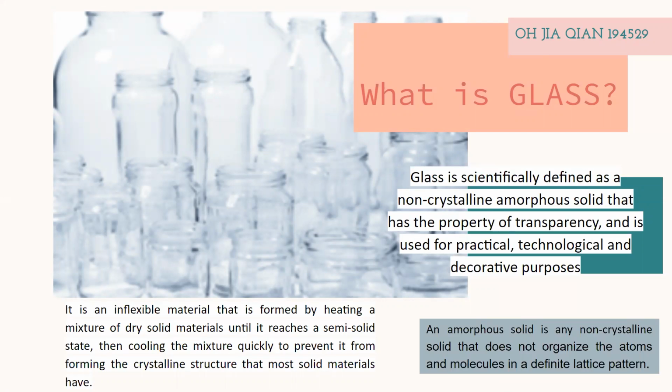And how is it made? The making process involves heating a mixture of dry solid materials until it reaches a semi-solid state. Then it is cooled directly and immediately to prevent it from forming the crystalline structure that most solid materials have.